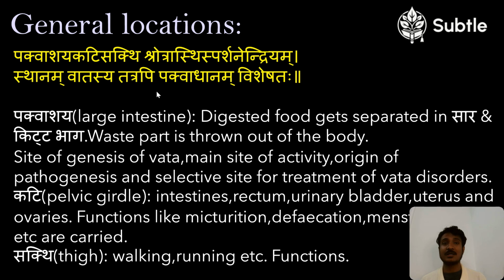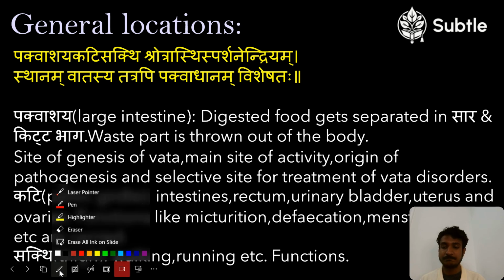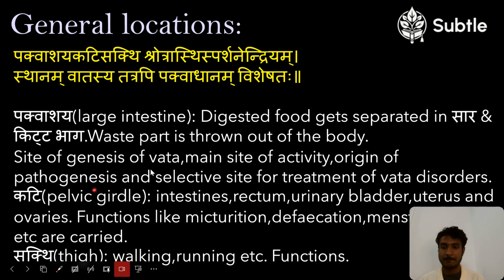It has Vata. There only the Vata needs to be controlled. Contrary to modern science, if you correlate Vata to be something like nerves or CNS, it should be the brain. But no, Ayurveda says that Vata is to be controlled from Pakwashaya. That is one important thing. Pakwadhanam Visheshatah. This phrase you need to remember.